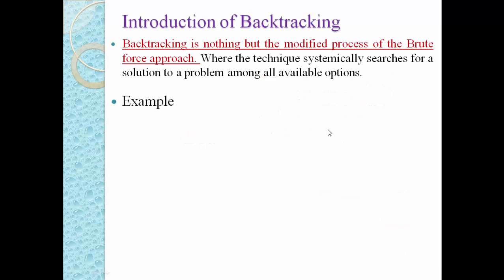First of all, let us understand what backtracking is. Backtracking is a strategy, or we can say a concept, to solve various problems which have multiple solutions, and among them we have to identify the desired solution.